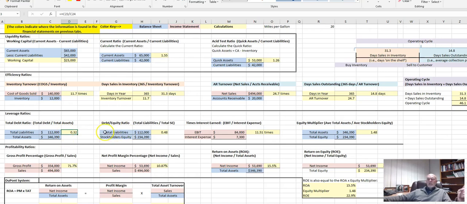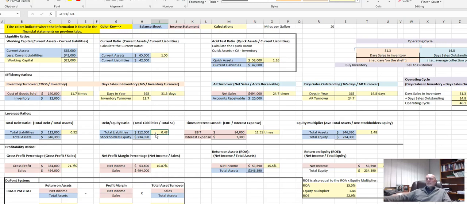Another way to say the same thing is divide your total liabilities by your stockholders' equity. In this case, that comes out to be 0.48 or 48%, meaning that for every dollar that we have in stockholders' equity, we have 48 cents in total liabilities.